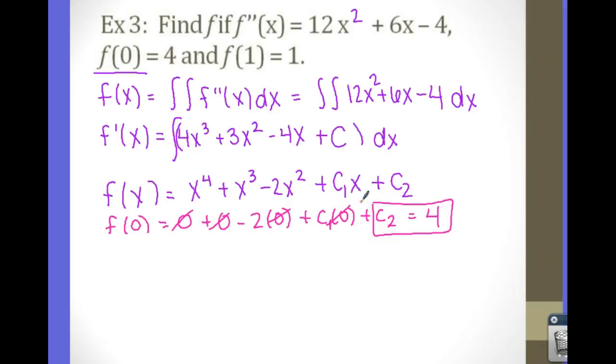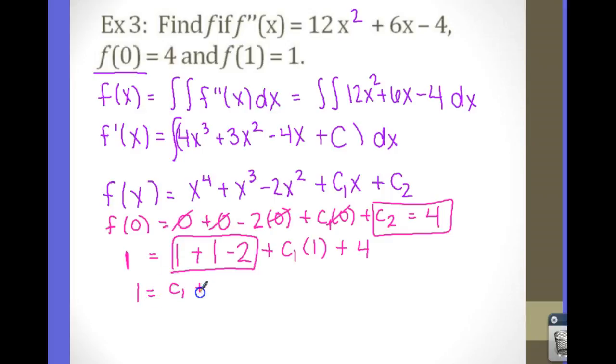Now I'm going to use f of 1 equals 1. So 1 equals 1 to the 4th, which is 1, plus 1 cubed, which is 1, minus 2 times 1, which is minus 2, plus c sub 1 times 1, plus c sub 2, which we said is 4. 1 plus 1 minus 2 is 0, so I'm left with 1 equals c sub 1 plus 4.